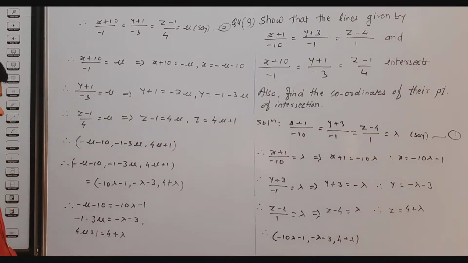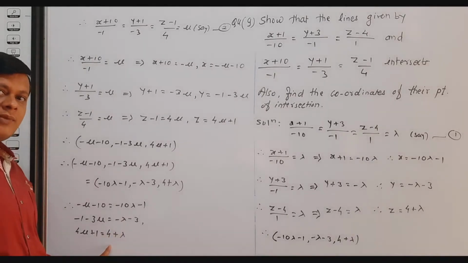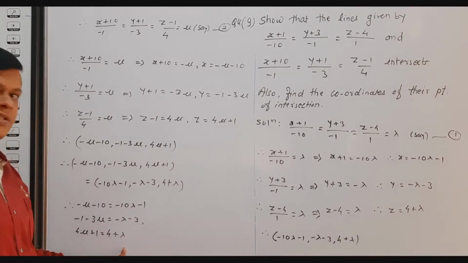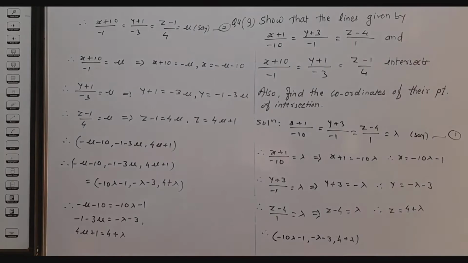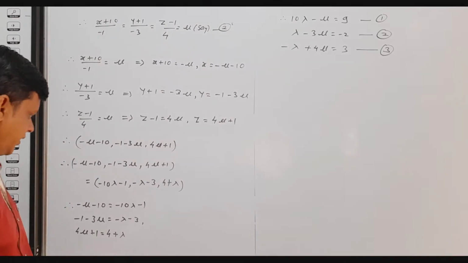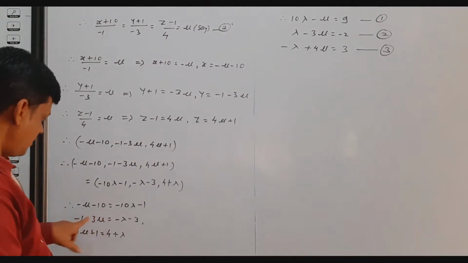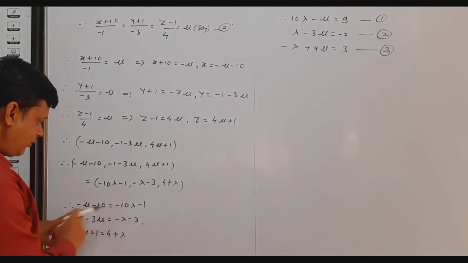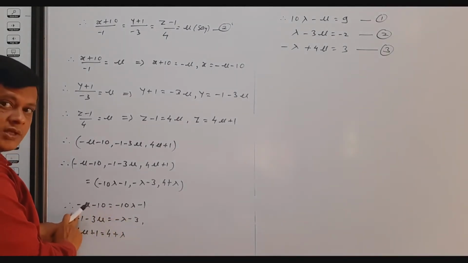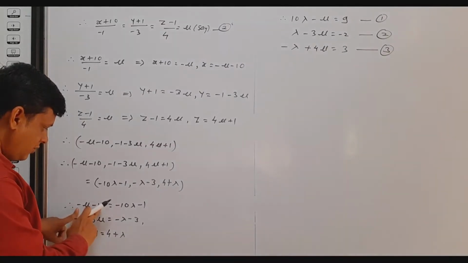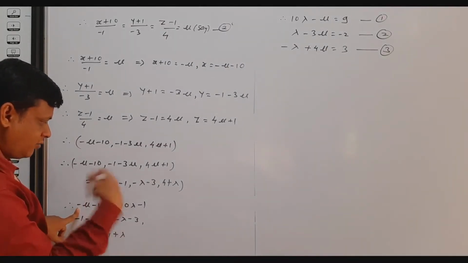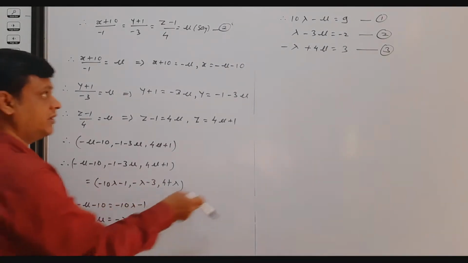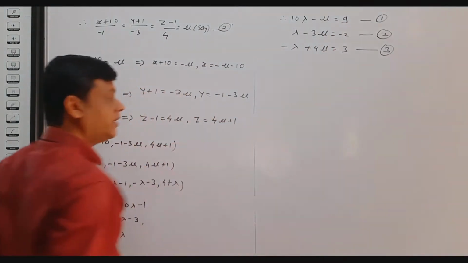So we get the equations in terms of mu and lambda. So we solve these simultaneous equations first. We write this equation as, when we transfer this minus 10 lambda to the left hand side, we get plus 10 lambda minus mu. After transferring this minus 10 to the right hand side, we get plus 10 minus 1, which is 9. This is equation number 1.